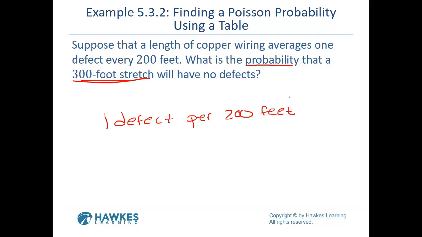That's going to help us out, because that's our average that we're using. But you'll notice this is using a measurement of 200 feet, and this is using a measurement of 300 feet. So those are our intervals that we have to play with a little bit.